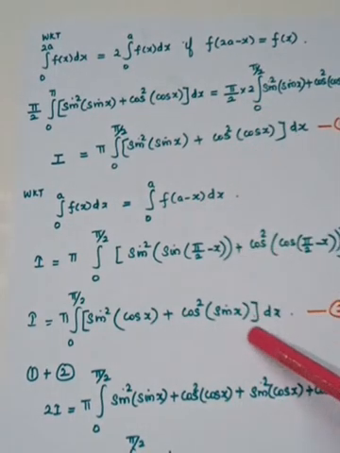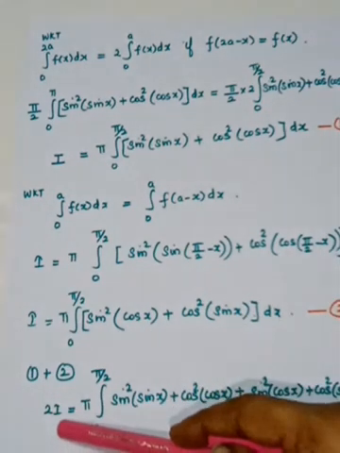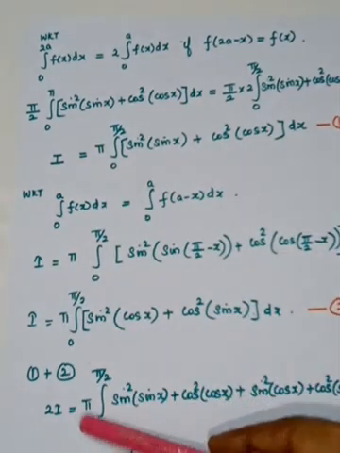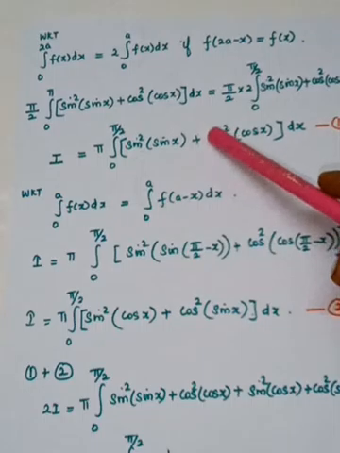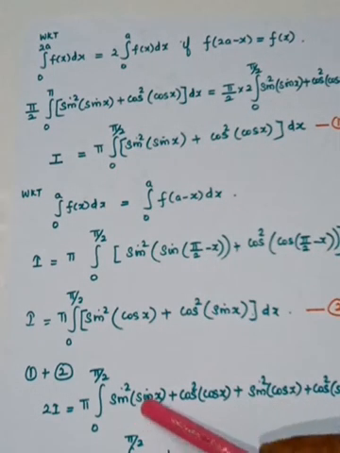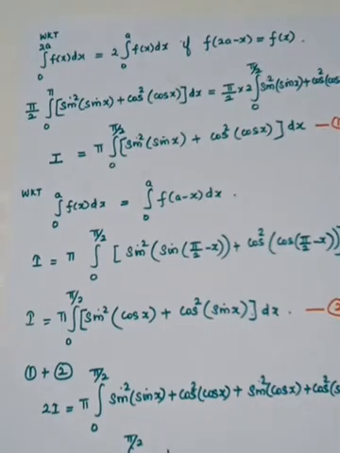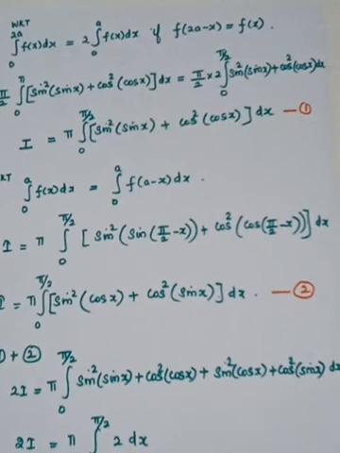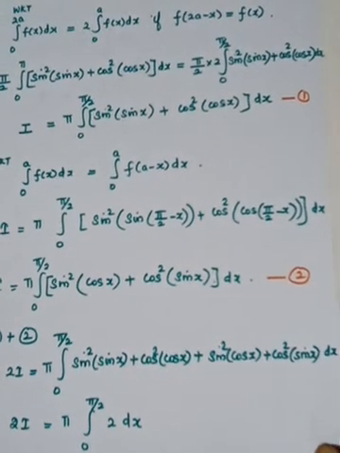So if you add these two, the left side is I plus I is 2I. Here the common term in 1 and 2 is pi, and the limit is 0 to pi by 2. Both the terms have to be added. So here sine squared sine x plus cos squared cos x plus sine squared cos x plus cos squared sine x into dx. You look at this.